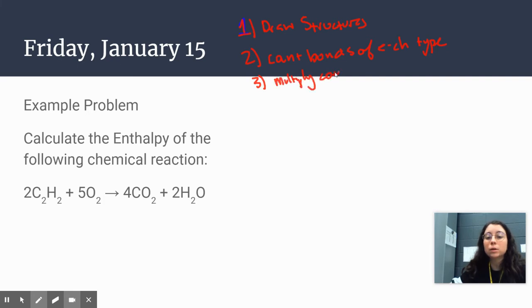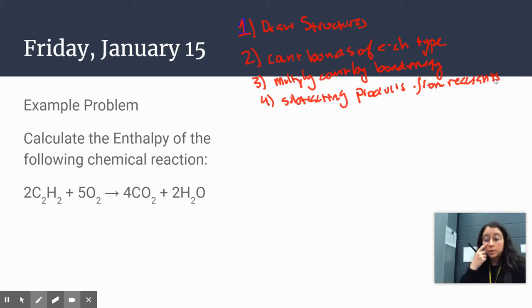And then our fourth step is going to make sure that we are subtracting products from reactants. So those are our steps.